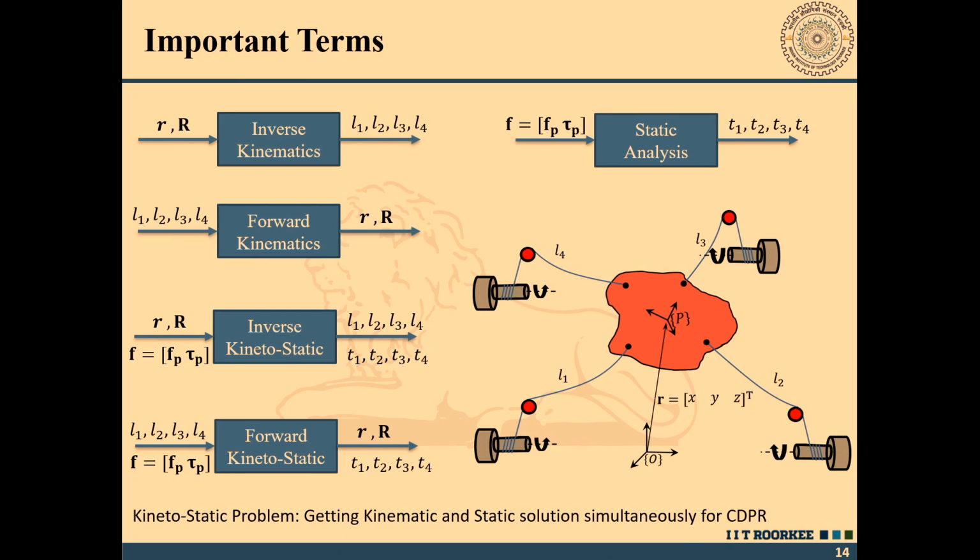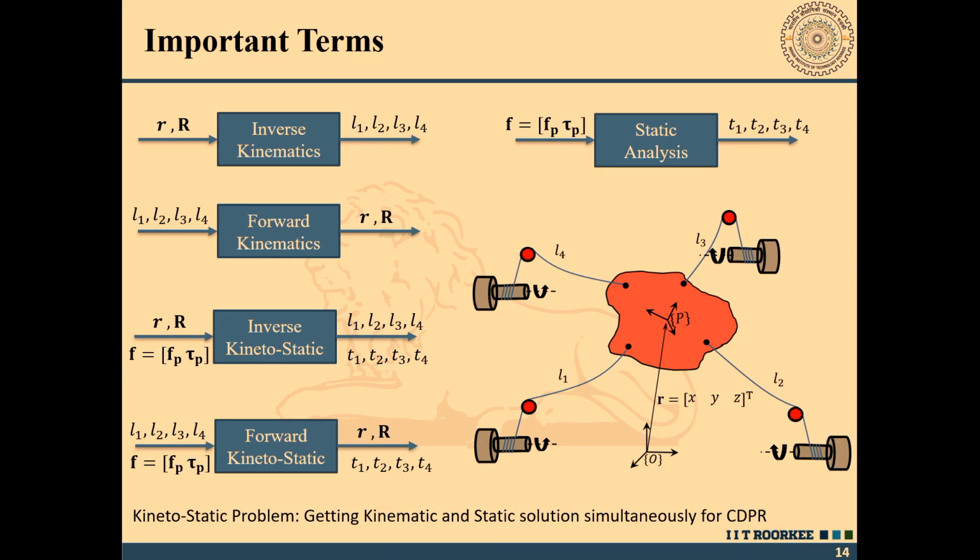So, the inverse kinematics means that for the given position and orientation of the mobile platform, say this is my inertial coordinate system, and the CG position of the mobile platform is given by vector r basically, and the orientation I can represent with the help of the rotation matrix.